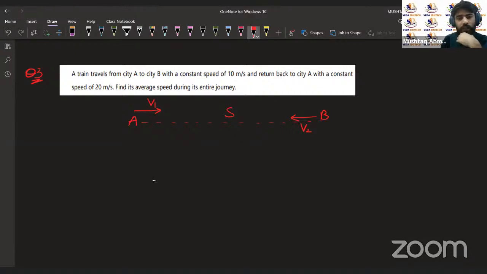And let's suppose that time t1 is taken by this train from A to B and time t2 is taken by this train from B to A, right? So our average speed is the total distance over total time, right?